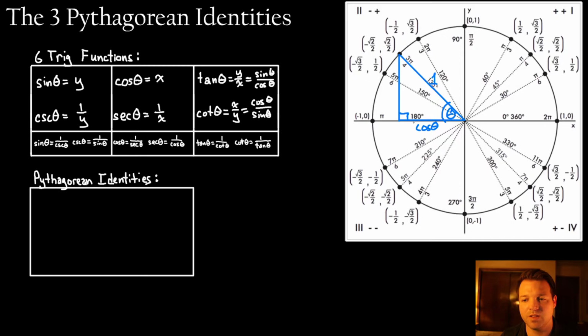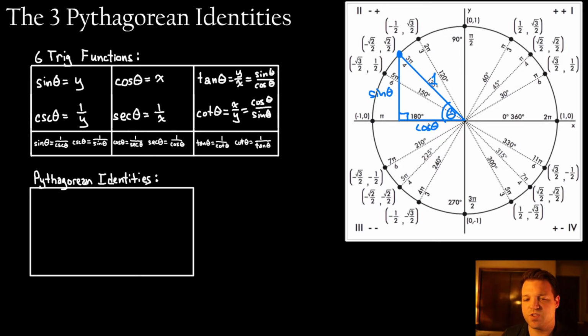That's what the length of this side of this triangle is. It is literally the x value, right? And then the y value corresponds to the sine of theta. That's the height of this triangle, and that is the y value here. Again, doesn't matter where I draw this reference triangle on any circle. That's always going to be true on the unit circle.